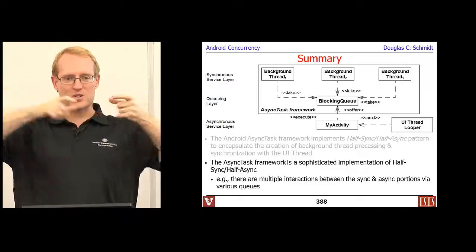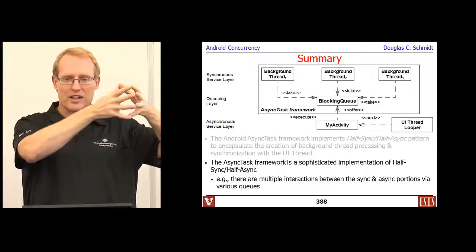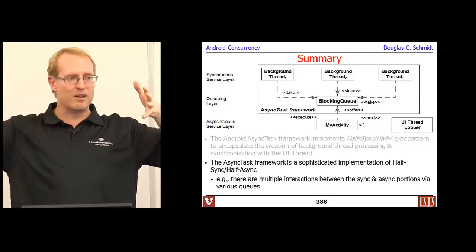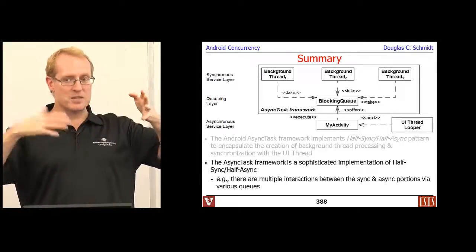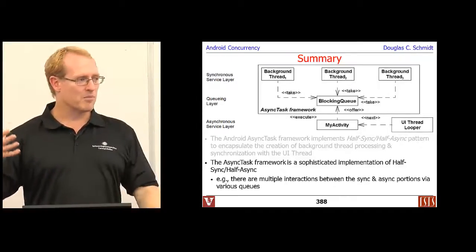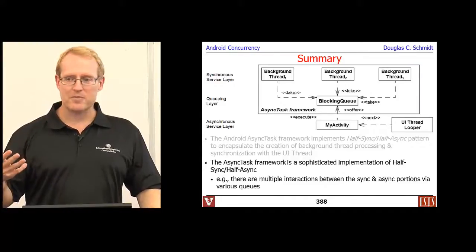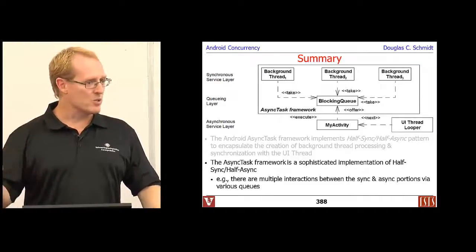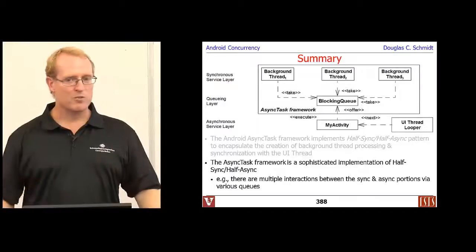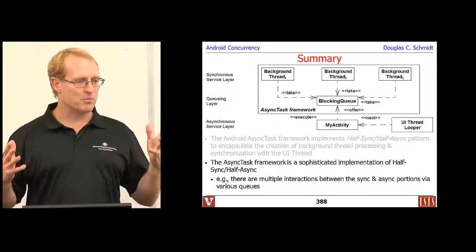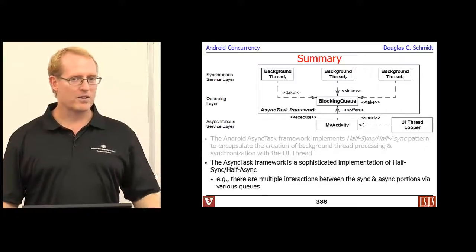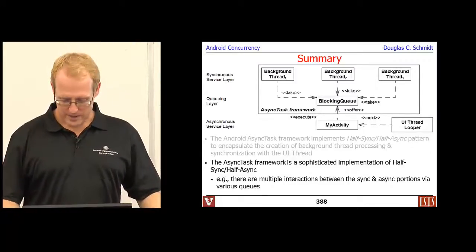So we're not just having one-way communication. We're talking from the activity to the background thread, and then from the background thread to the foreground thread, and sometimes, as with the post-progress stuff, that happens multiple times. You keep calling back and forth for the duration of the call. So there are multiple points of interaction between background and UI threads.